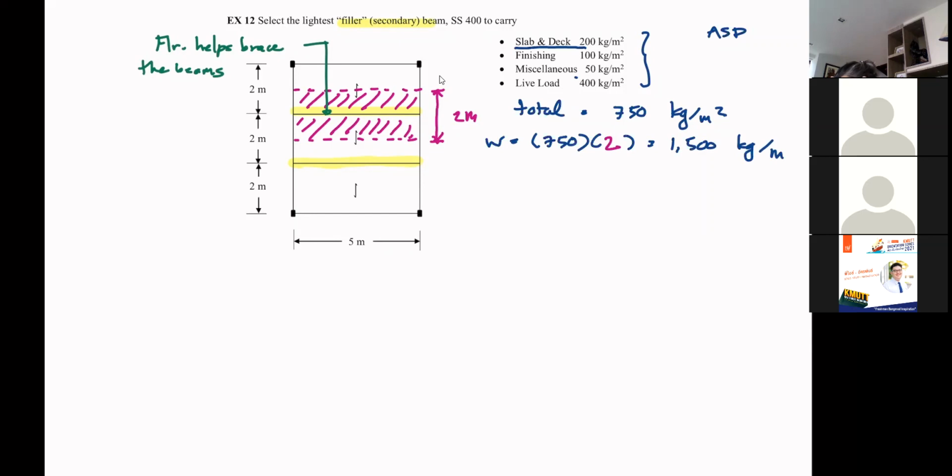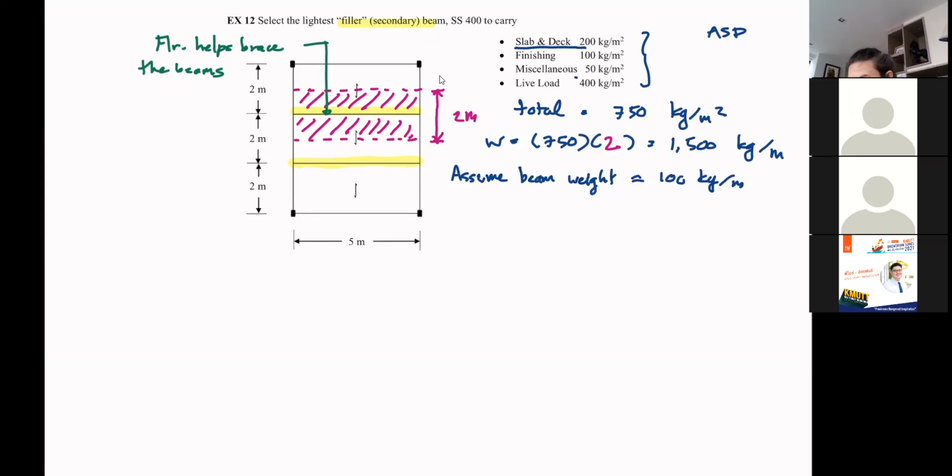And say I don't know how much my beam is going to weigh, and my preferred number is, say, assume beam weight about 100 kilogram per meter. So, unlike the roof where purlins are generally pretty light, for this beam you may want to include the weight by assuming the number. And once you're done with your prelim design, you can come back and look at the section, whether or not it is far off this number.